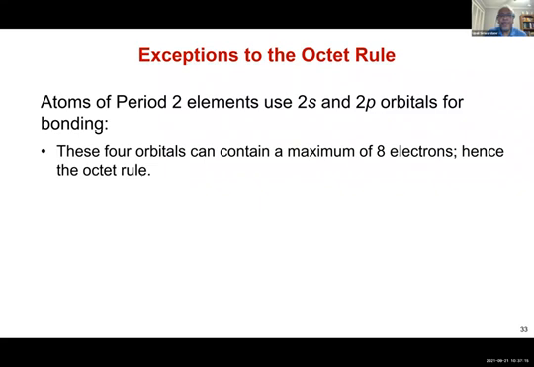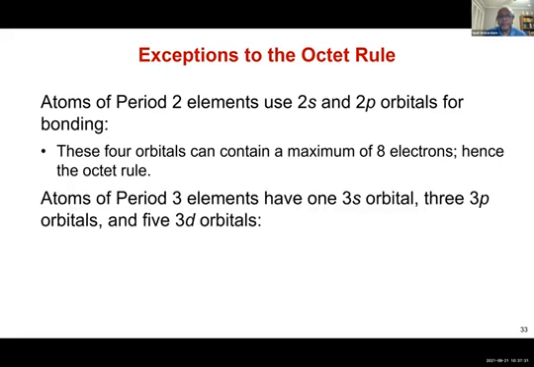The 4 orbitals, 1 orbital from 2s and 3 orbitals from 2p, can have a maximum of 8 electrons. Then the octet rule is followed.